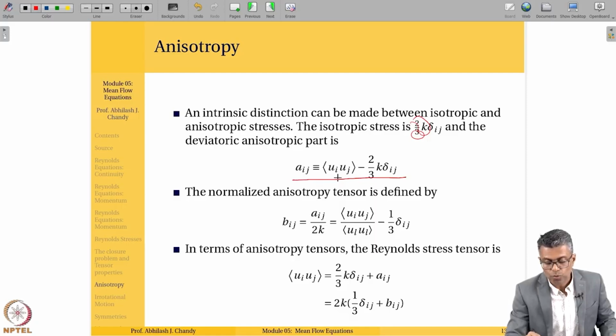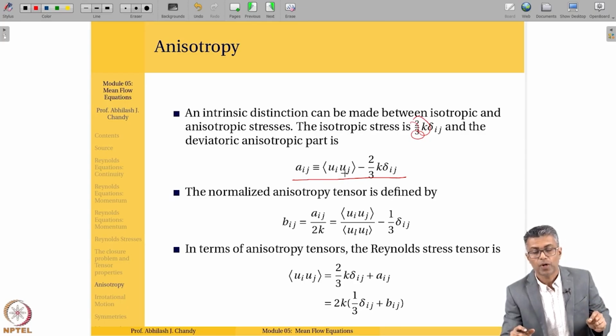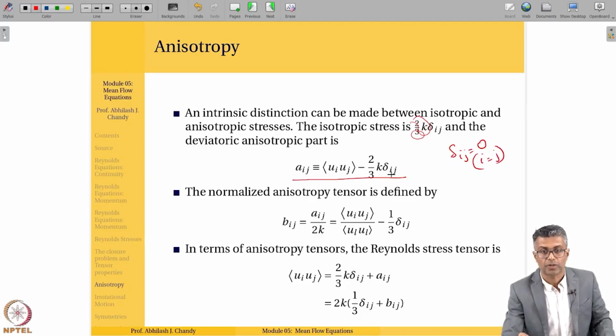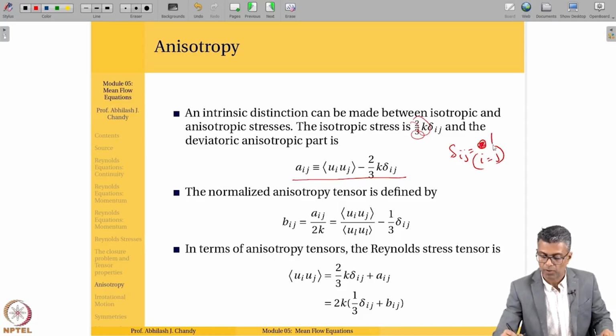See what happens when i is equal to j. Delta ij would be equal to 1 when i is equal to j, and delta ij would be equal to 0 when i is not equal to j.